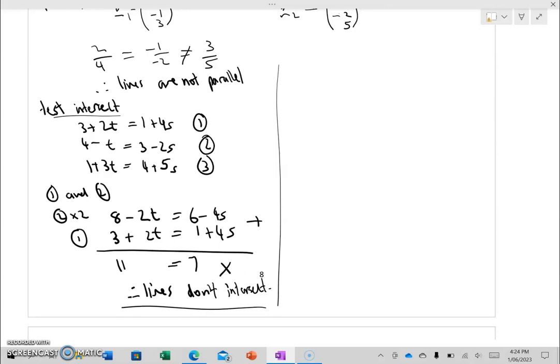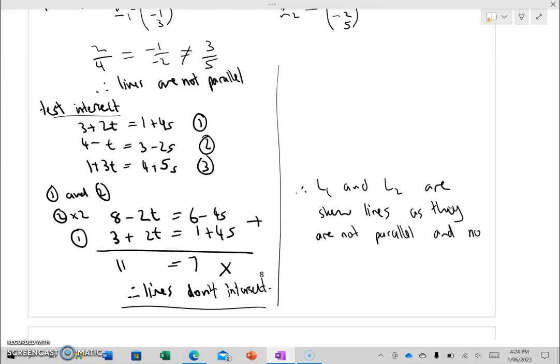So if they don't intersect and they're not parallel, the conclusion is therefore L1 and L2 are skew lines, as they are not parallel and do not intersect each other.